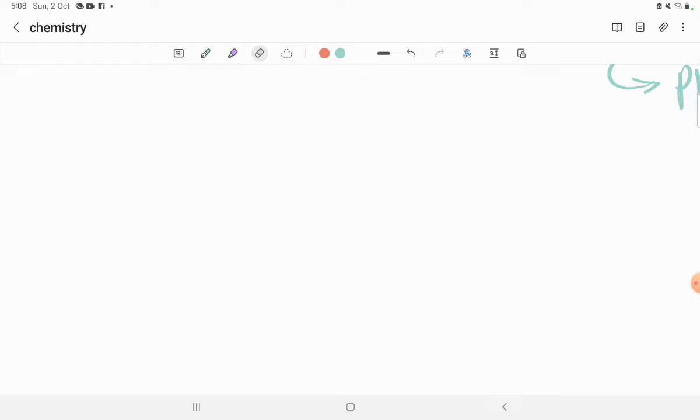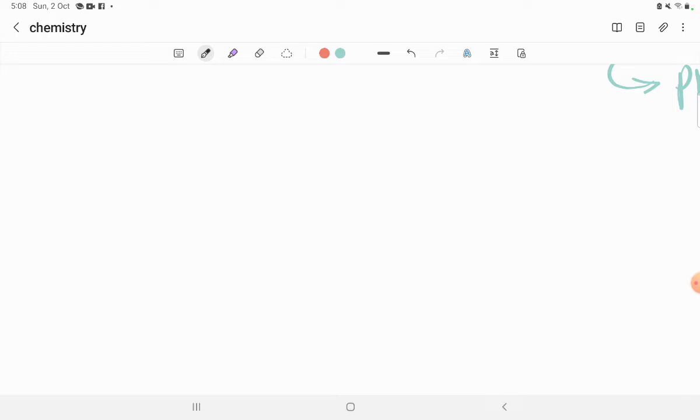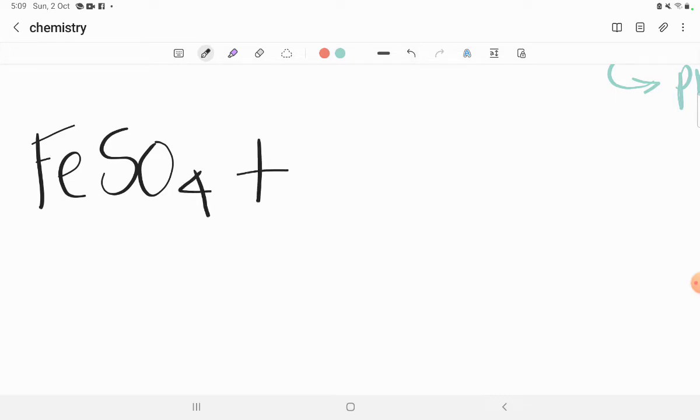Okay, let's use the example that we used earlier, the iron 2 sulfate. Let's say we are given an unknown sample, and that unknown sample is iron 2 sulfate, but we don't know that. And we add sodium hydroxide.